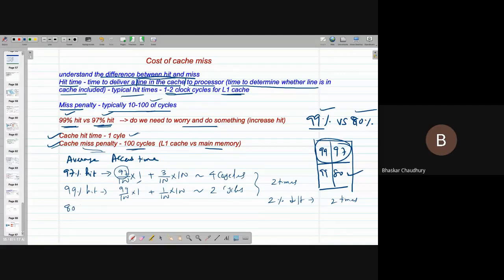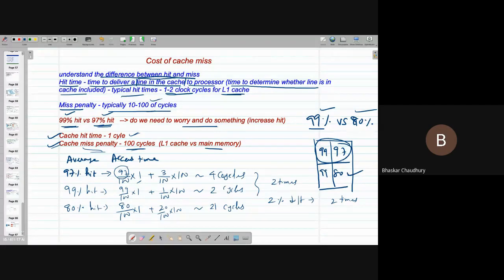Now let's look at 80% hit. If it is 80%, then 80 divided by 100 into 1, plus 20 divided by 100 into 100, and you can see it is almost 20. I am just approximating, let's write it as 21. Now we can see how poor that code will be.